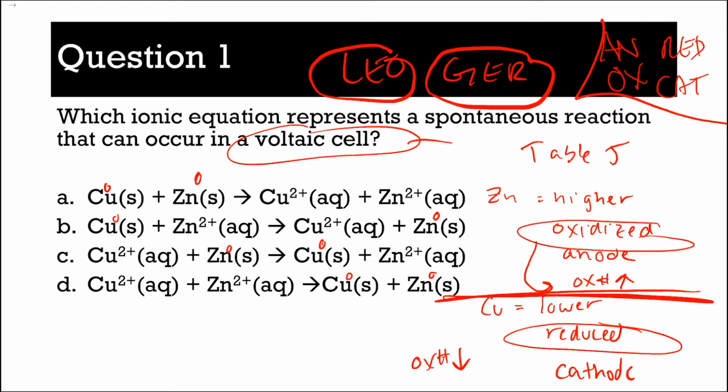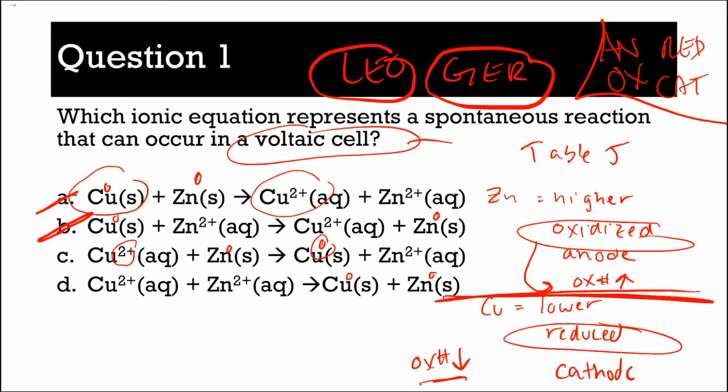So for choice A, copper goes from 0 to plus 2, and we said copper has to be reduced, so the oxidation number needs to go lower, so that can't be right. For B, copper goes from 0 to plus 2, and again we said it has to go down, so that doesn't make sense. If we look at C, copper is going from plus 2 to 0, so that's going down.